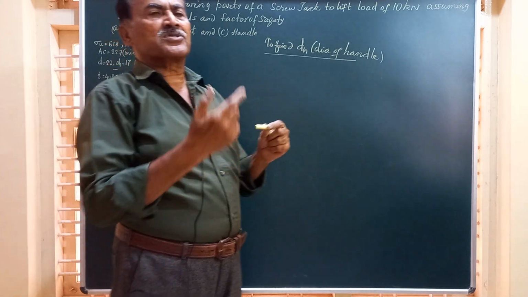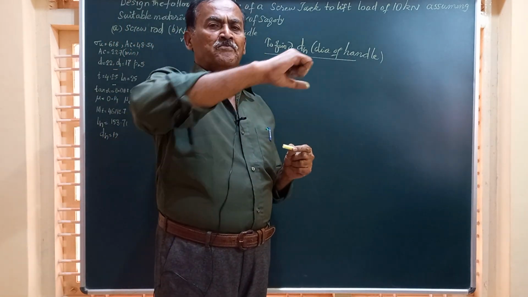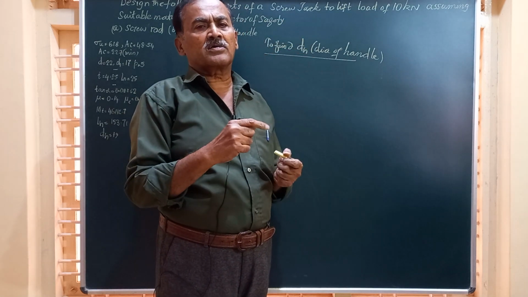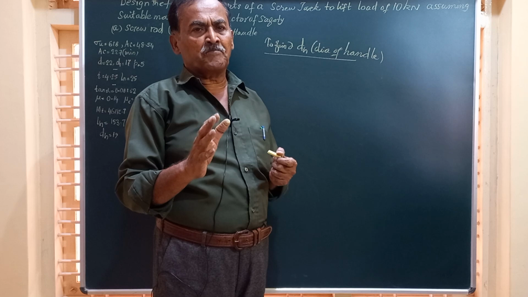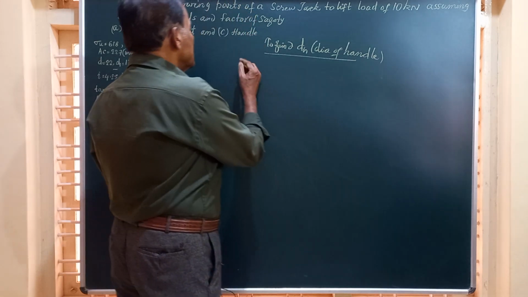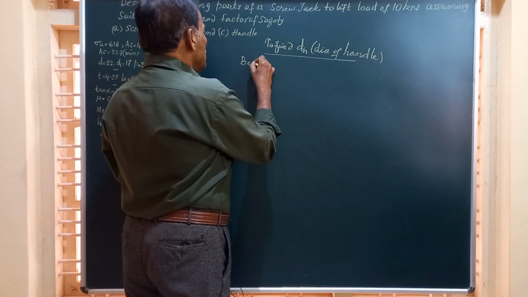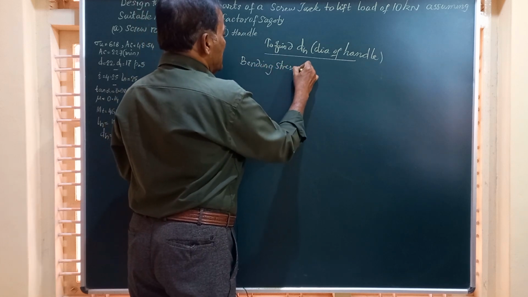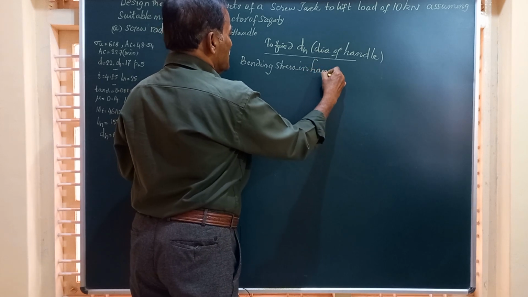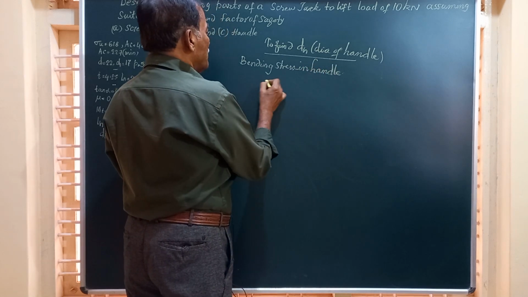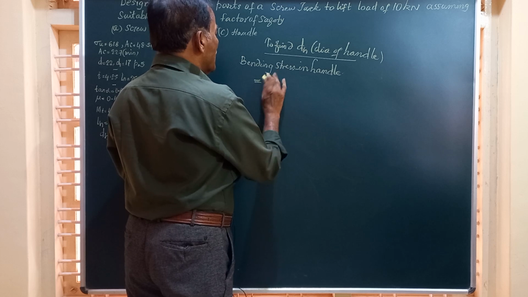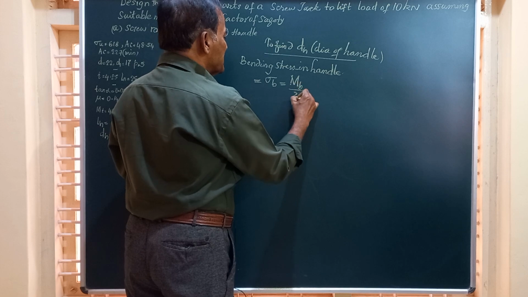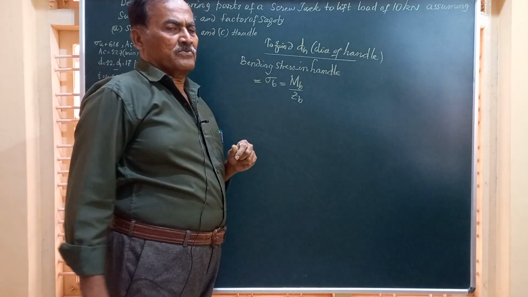Friends, you know this, while raising the load, the tommy bar or the rod used to operate the jack is subjected to bending, and hence the bending stress in handle is given by the basic formula sigma b, bending stress is Mb by Zb.